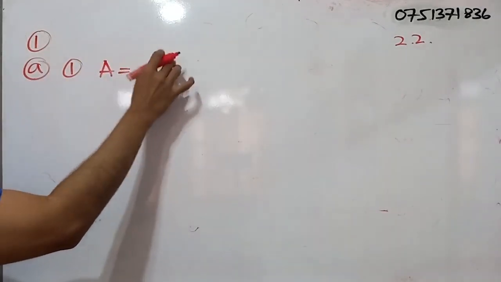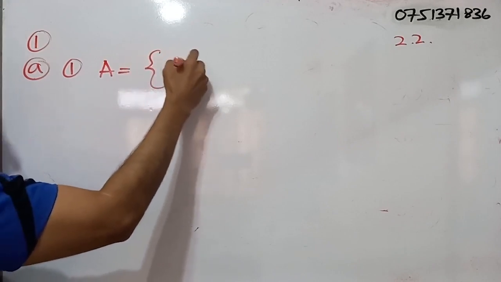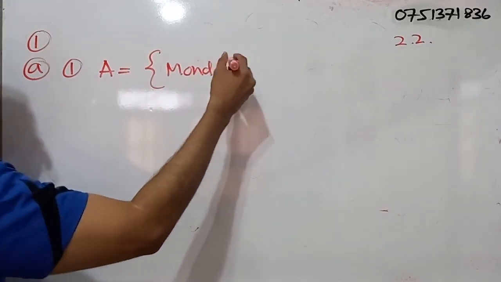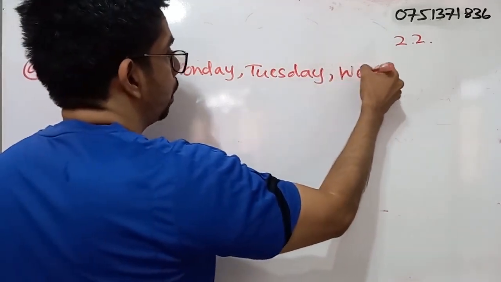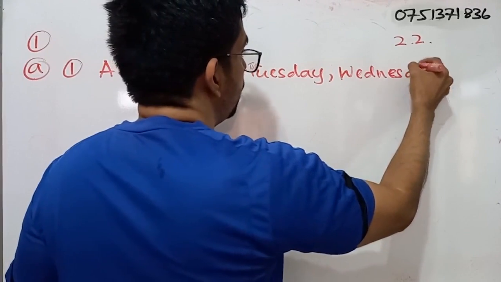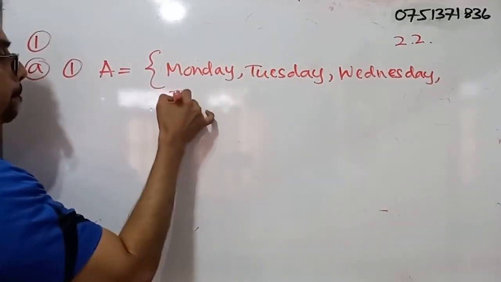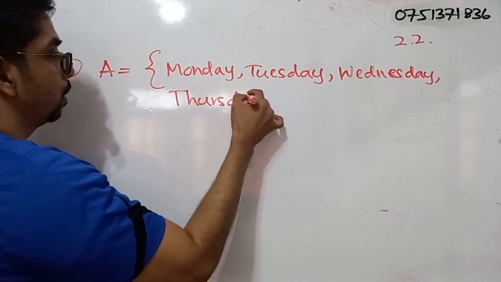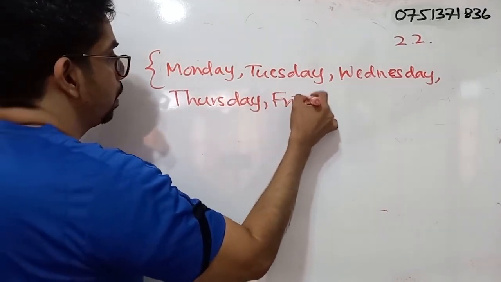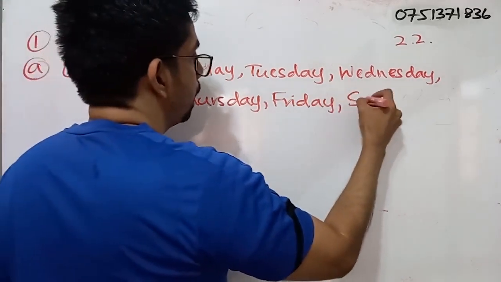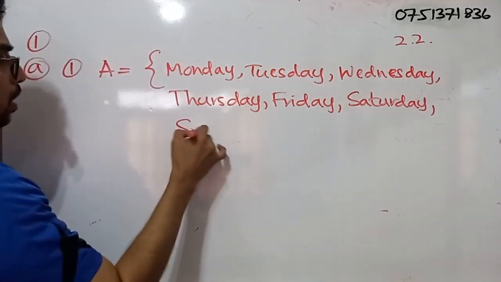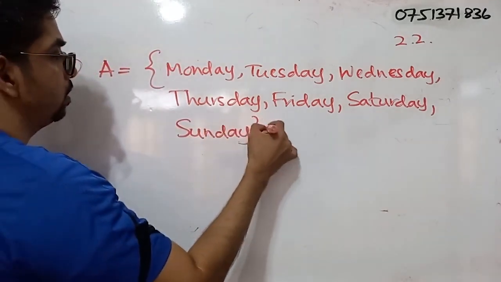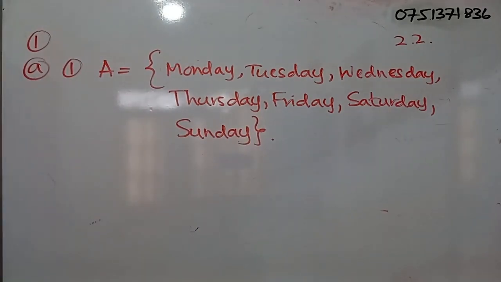A equals Monday, Tuesday, Wednesday, Thursday, Friday, Saturday, Sunday. Right? So those are the elements of set A.